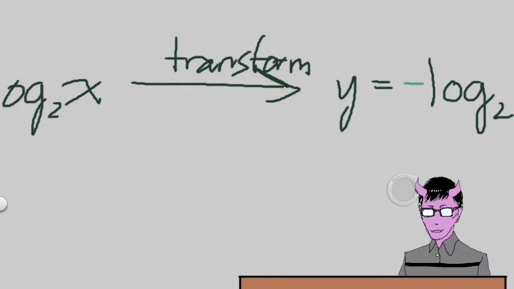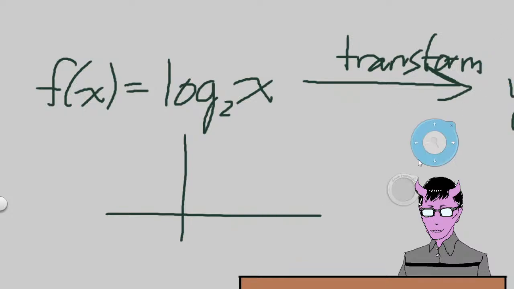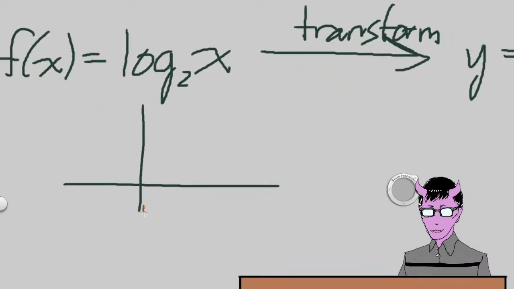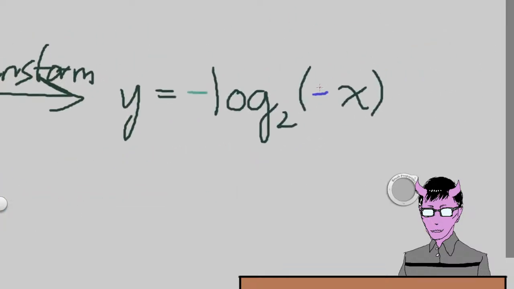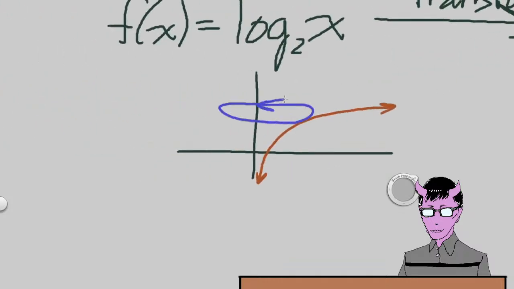So looking at the parent function yet again. Positive, positive. This one just looks like this. Downwards, upwards. Take into account this negative transformation. It's going to get reflected across the vertical.